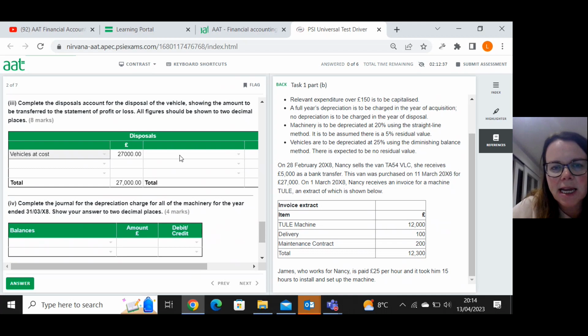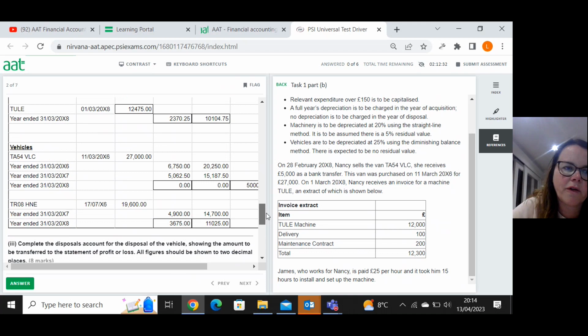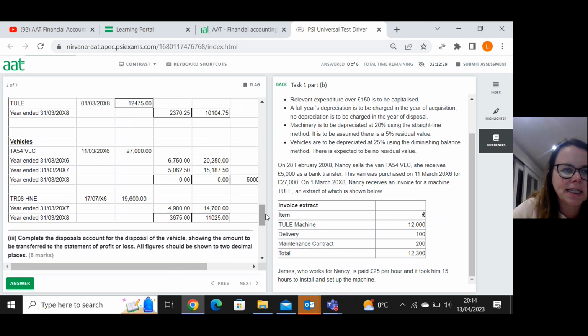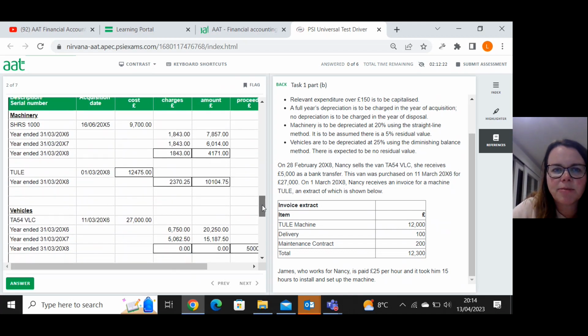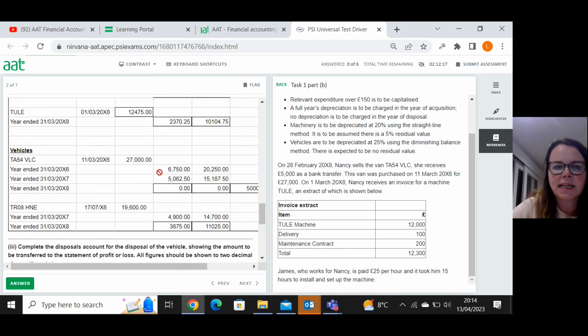Step 2 is to eliminate the accumulated depreciation of that vehicle. So it's the TA54. The accumulated depreciation, again, if we look here, so depreciation charges were 6,750 in the first year that we held it. Add £5,062.50, which comes to £11,812.50.